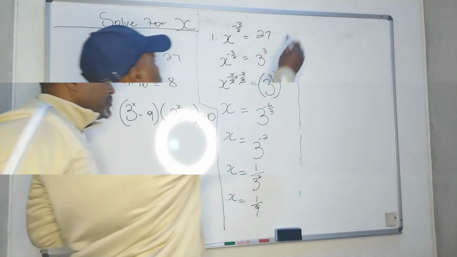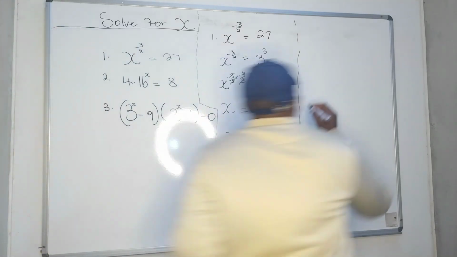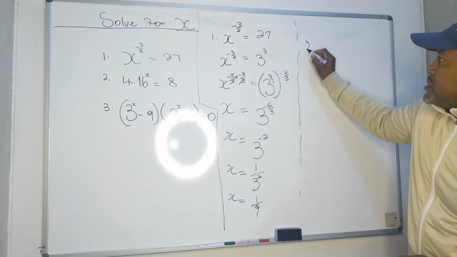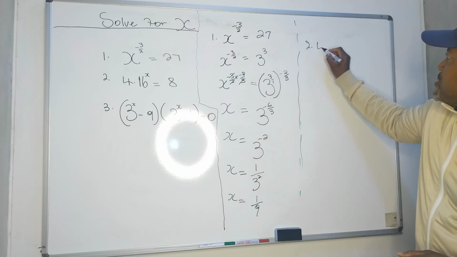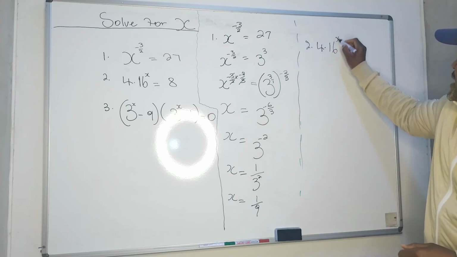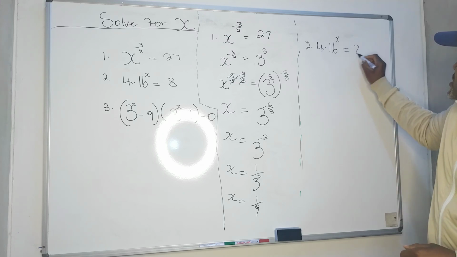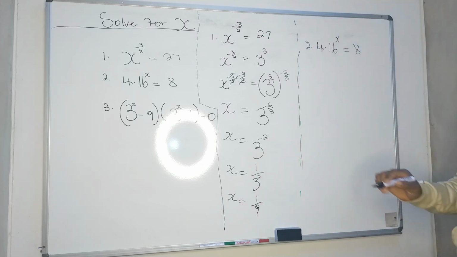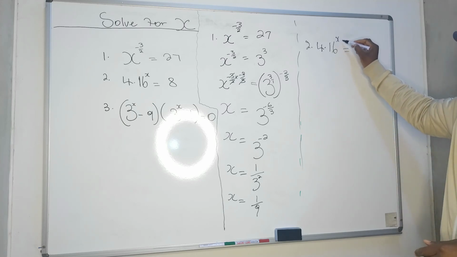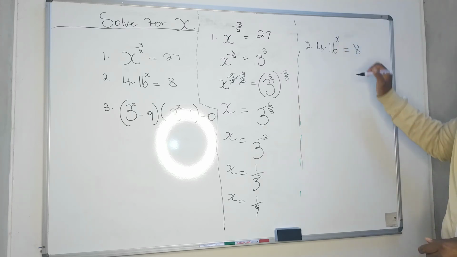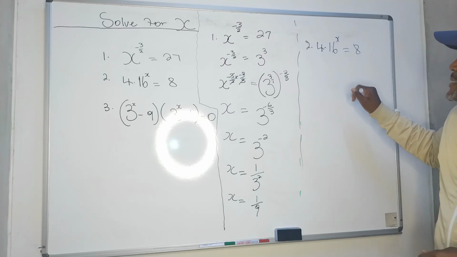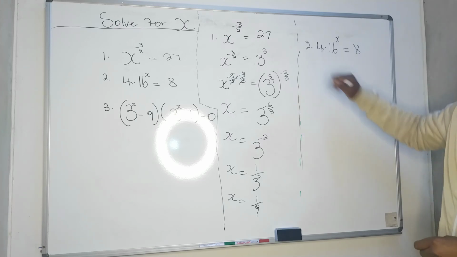Number 2 is 4 multiplied by 16 raised to x is equal to 8. How are we going to solve this? You can see that the interest is here, so we have to divide both sides by the coefficient.